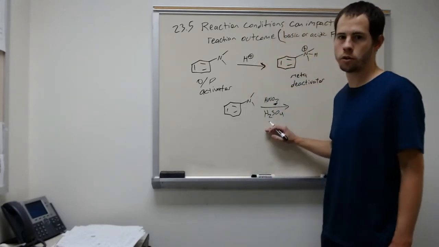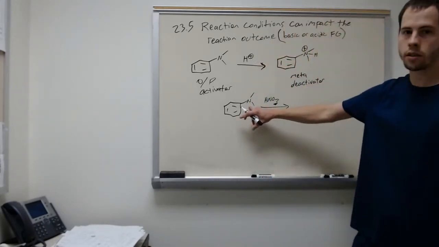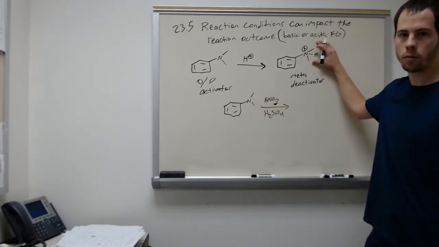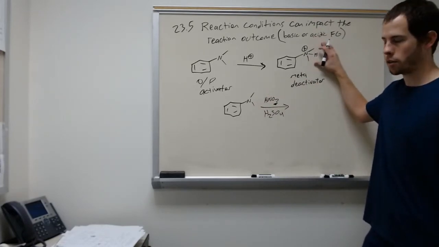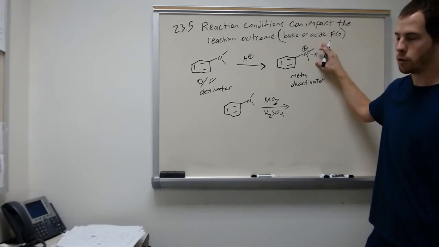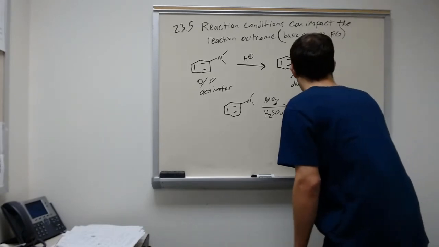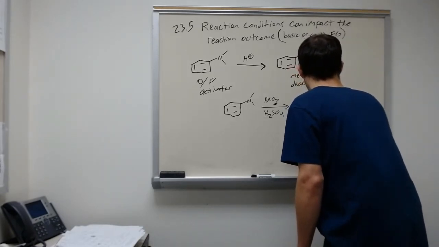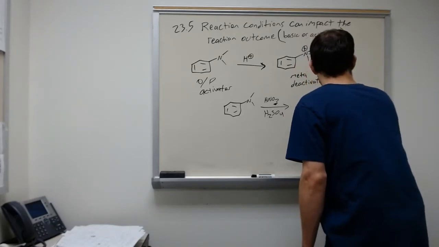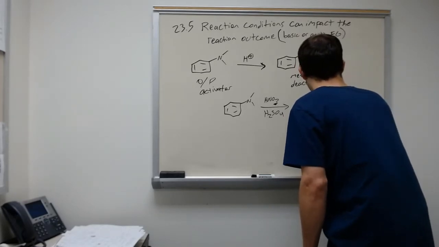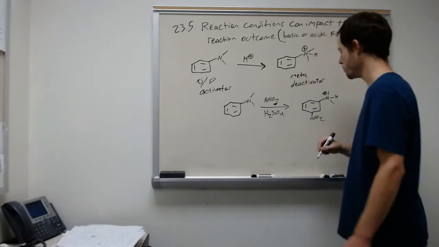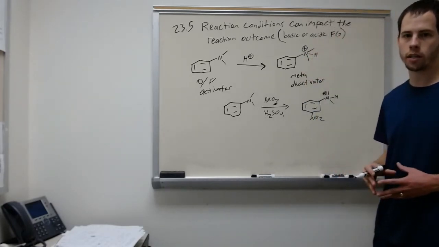That's an extremely strong acid, and so it's going to protonate this amine, so we have this kind of form. And this is a meta director, so we're going to get addition of our nitro group to the meta position. And so now we would have a product like this.